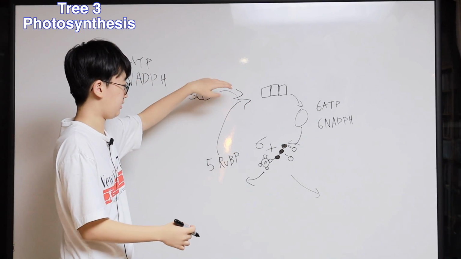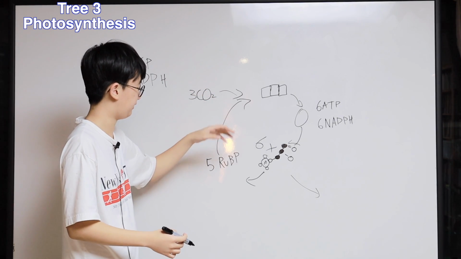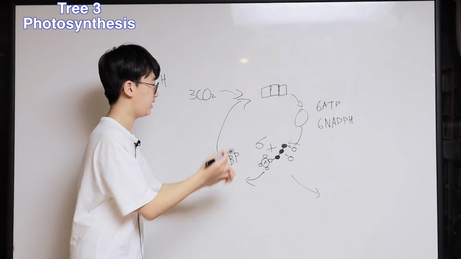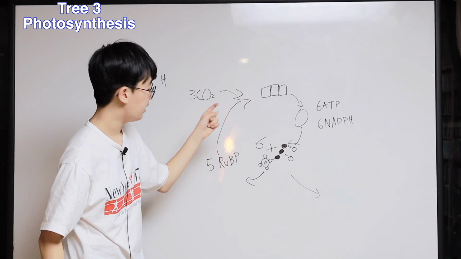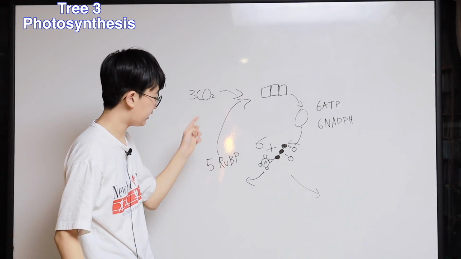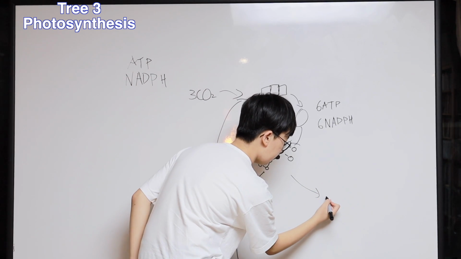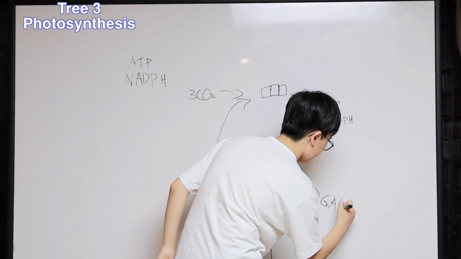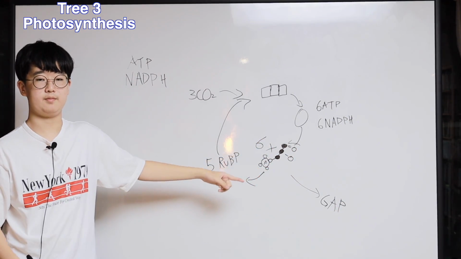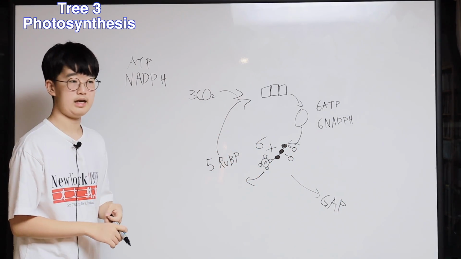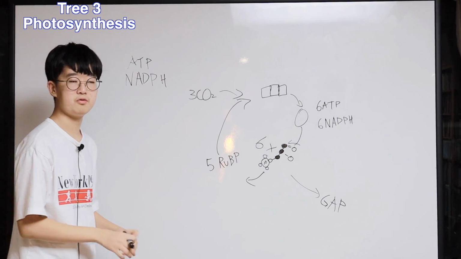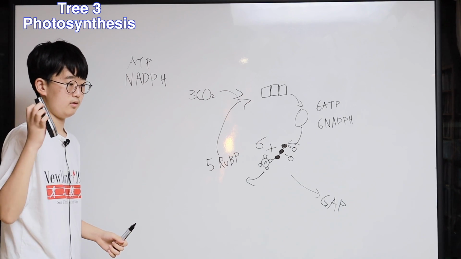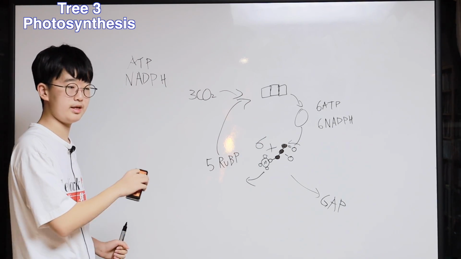Now the Calvin cycle can let 3 more CO2 molecules in, and this whole thing happens again. And one GAP is made from each cycle. And now we get GAPs, and we're going to do some more stuff with the GAP.